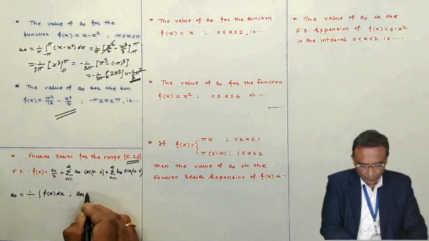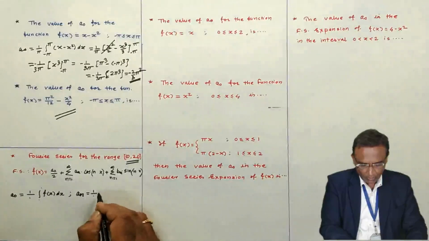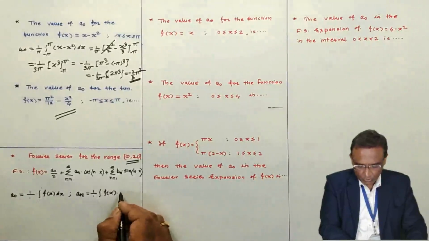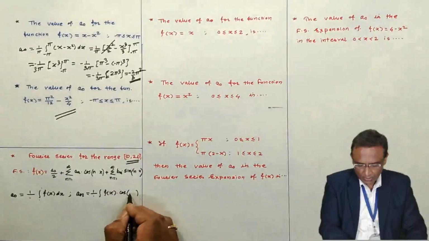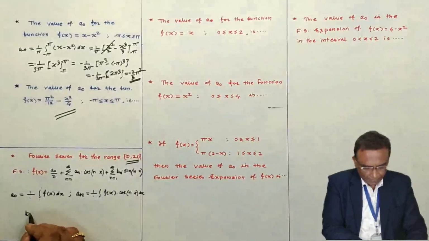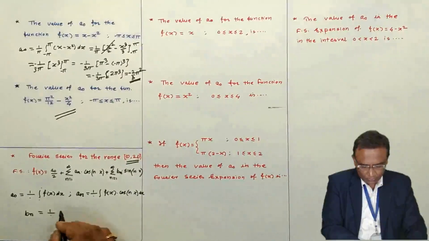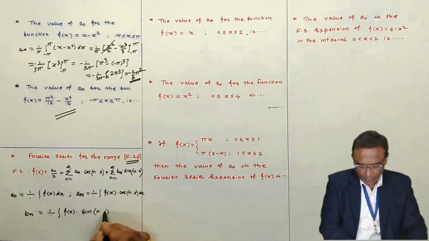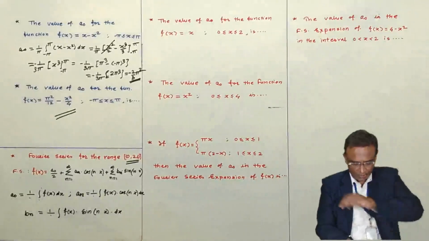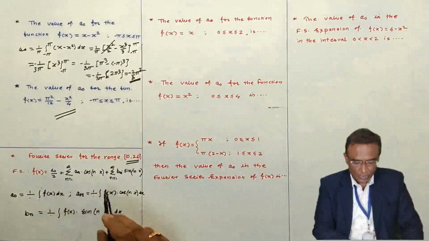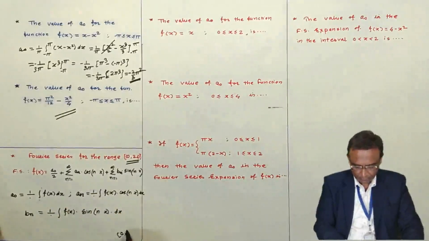The formula for an is 1 by pi, integral of f(x) cos of nx, and we are integrating with respect to x, and bn is equal to 1 by something, integral of f(x) sin of nx, and we are integrating with respect to x. Now this is the Fourier series formula for 0 to 2 pi.